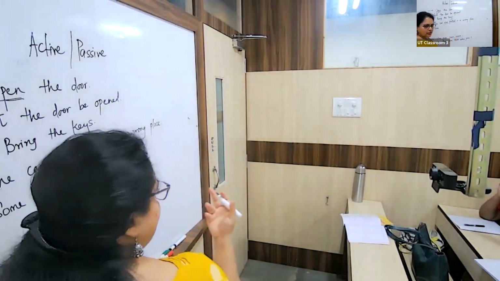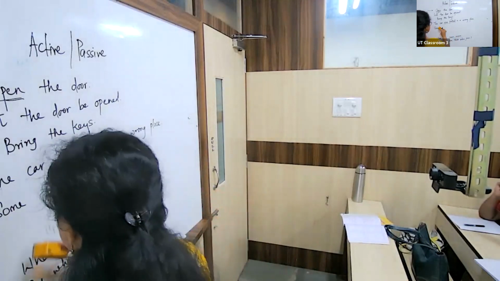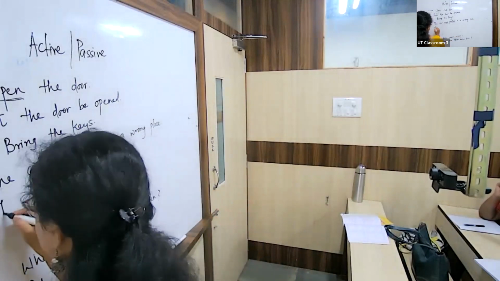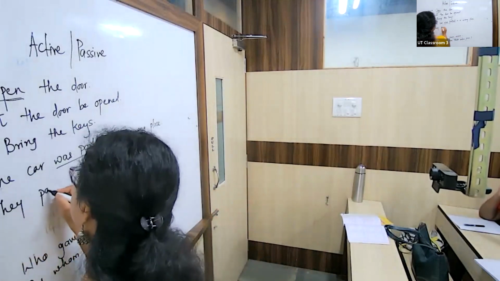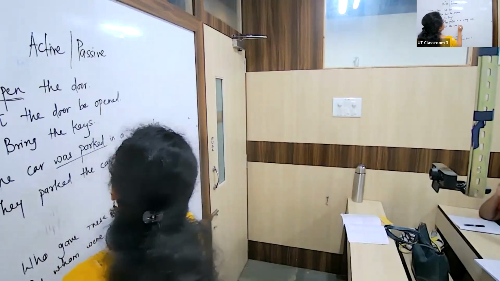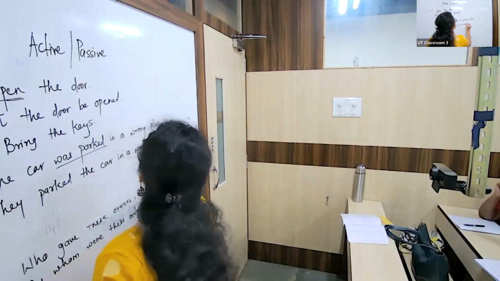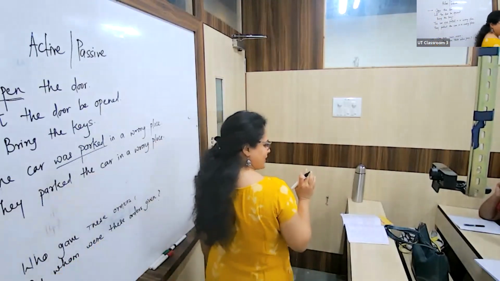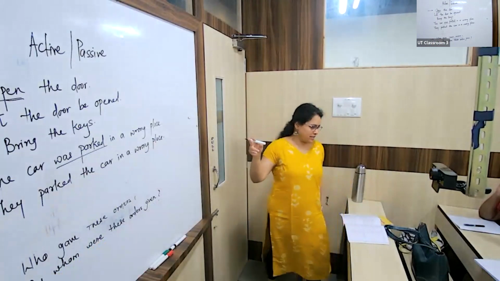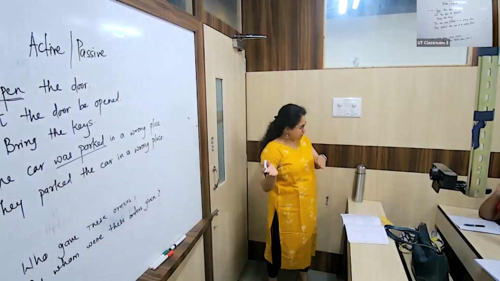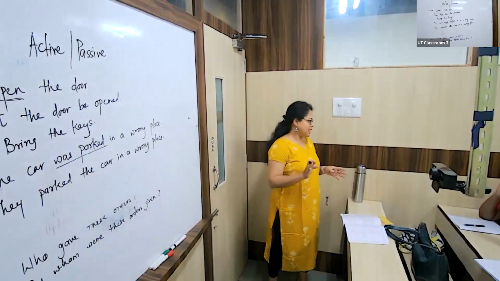So it can be either someone or, commonly used, they. They parked the car in a wrong place. Sometimes they also give you question sentences: change the voice. So it can be either active to passive or passive to active.